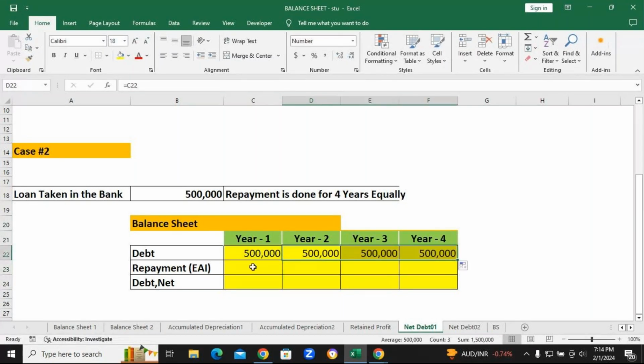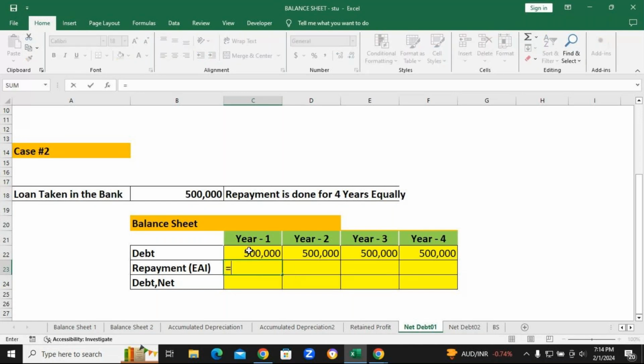Now they are telling I am making the repayment equally for 4 years. So equals the debt amount divided by 4 years. I'll take 4, enter. Now I'll come here and take the value as it is. Every year I am going to pay 1,25,000.